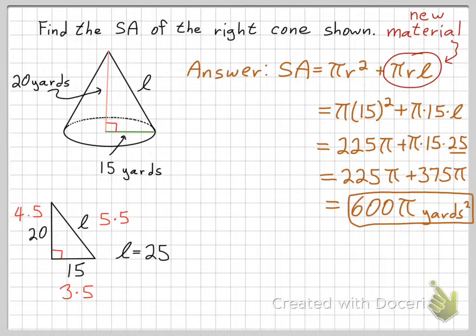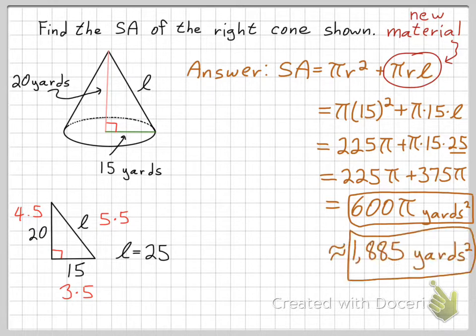And then add those two up, and you get 600 pi square yards. So the complete surface area of this right cone is 600 pi square yards. Multiplying 600 by pi, you get 1,885 square yards.